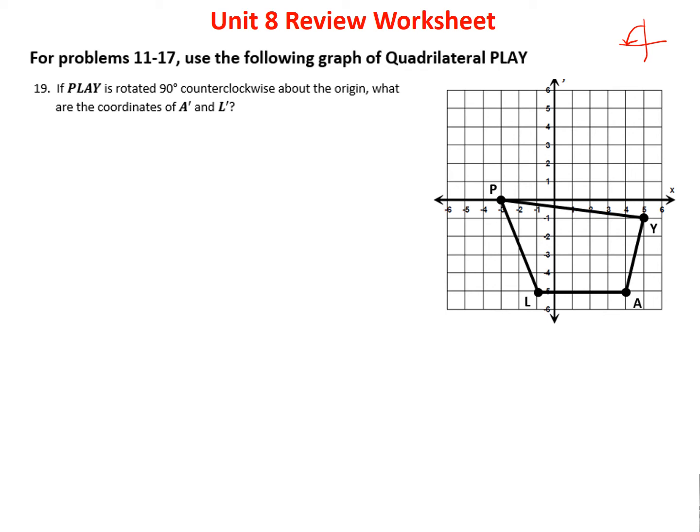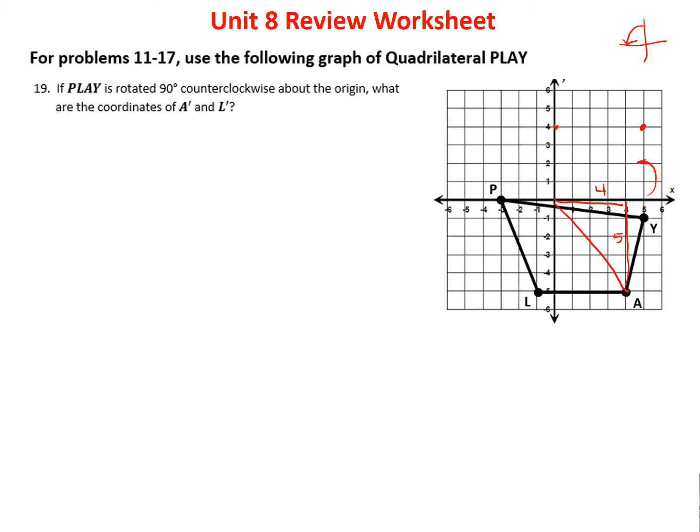Let's do point A prime. Notice that A, I could draw a little slope here, and notice that is 4, 1, 2, 3, 4, and down 5. And so if I rotated it up this way, the 4 would move up to here, and the 5 would move out to here.